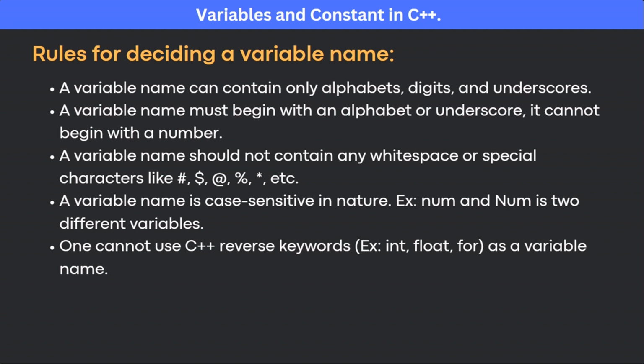Similarly, int is used to define that the data type is integer, so we cannot use int as our variable name. Like this, there are multiple keywords and we cannot use those keywords as our variable names. So these are the rules that we need to follow while creating a variable in C++. Let's understand this with a few examples.